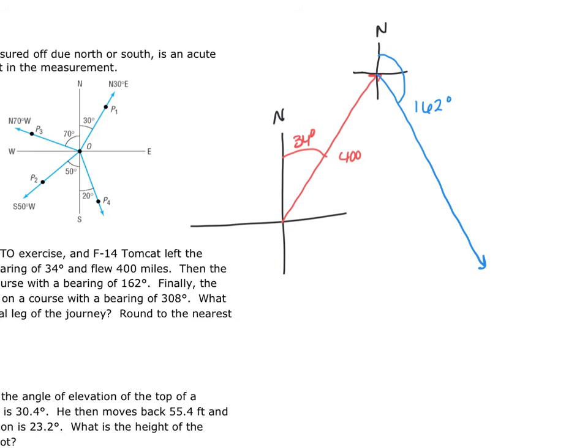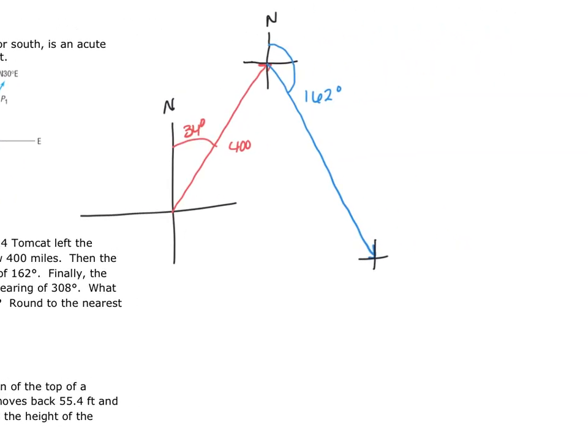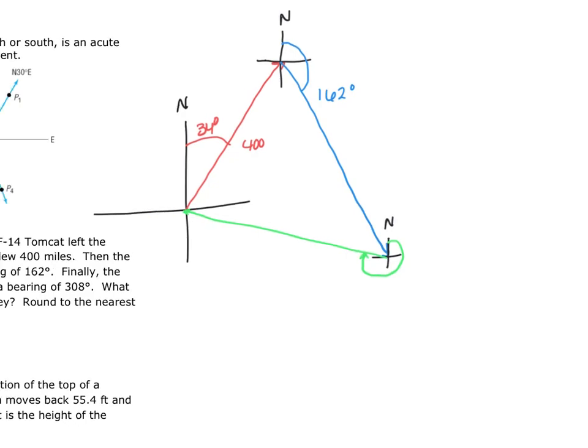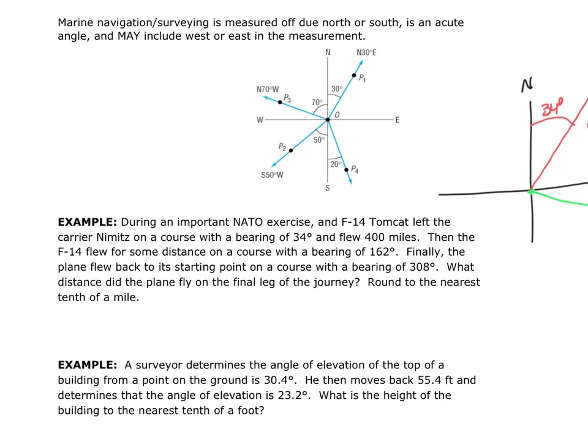Then at some point I'm going to write my north there, and go 308 degrees off of the north back to where I started. So the triangle you can see is built here, and what they're asking us for is the final leg of the journey.